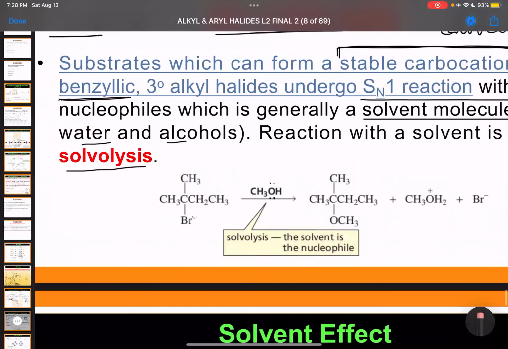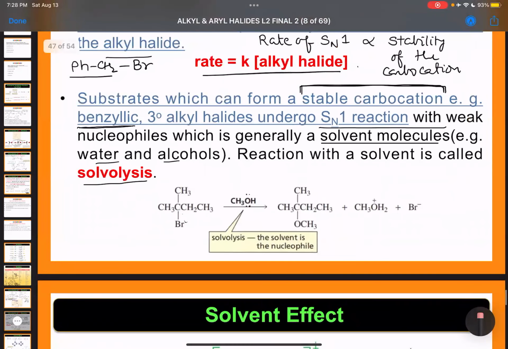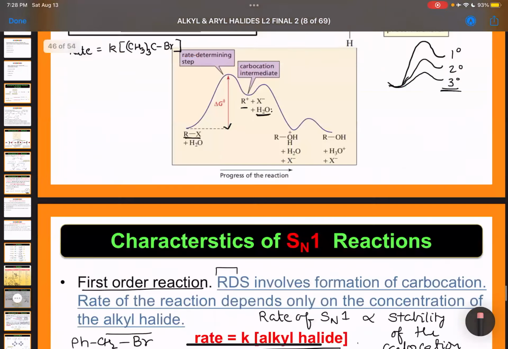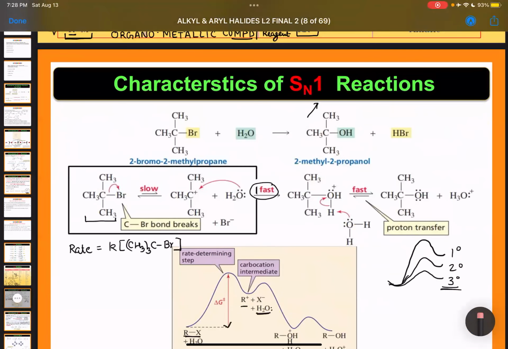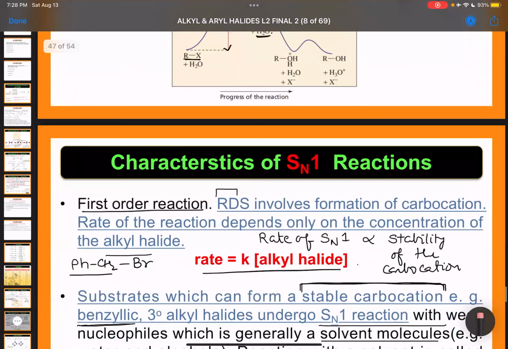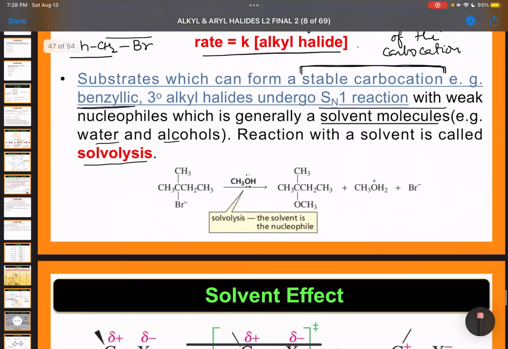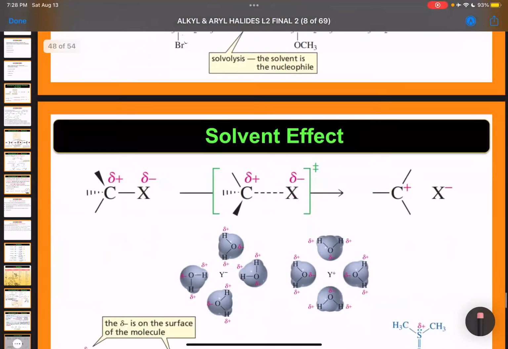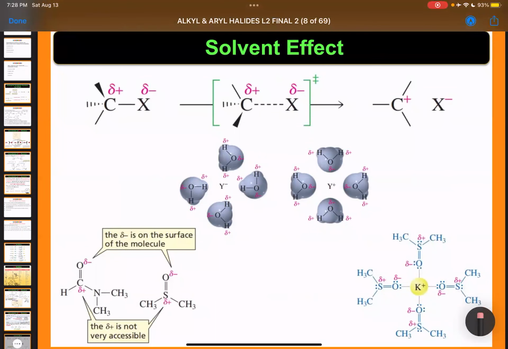Clear? Yes, sir. In the first step, we discussed that the Br slowly breaks away from the substrate. But I told you that this is not happening on its own. There is someone else who is helping them out. Who is helping them break away from one another?